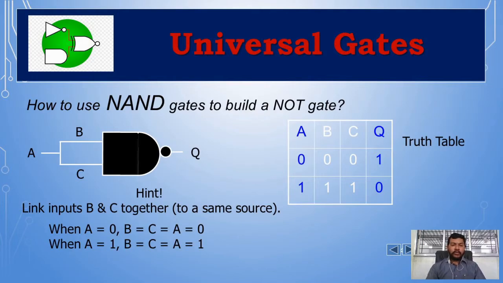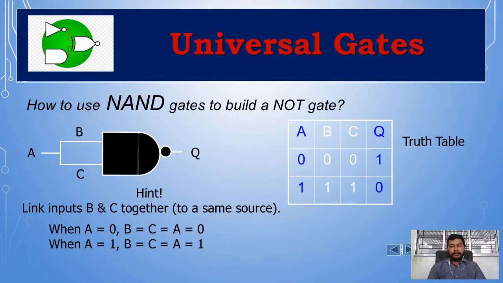So we club these two inputs and make them one input, A, and the output is Q. In the truth table, when we apply 0, both inputs B and C become 0 and the output is 1. When we apply 1, both inputs B and C are 1, and the output Q is 0.